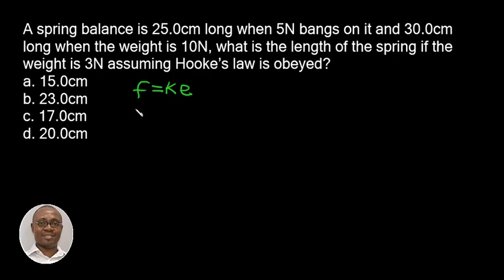So with this, we can have the constant equals force over the extension, and that will lead us into having the first instance of the extension equal to the second instance of the extension.